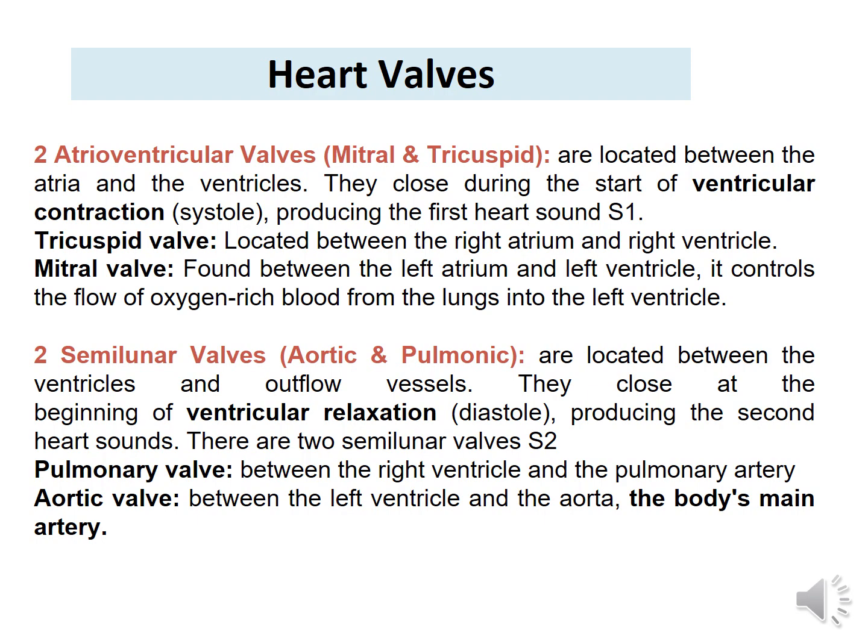Every one of those valves is responsible for transporting the blood from one chamber to another chamber. Semilunar valves are located between the ventricles and outflow vessels, so they are responsible for moving blood through the aortic and pulmonic valves to carry the blood to all over the body parts.